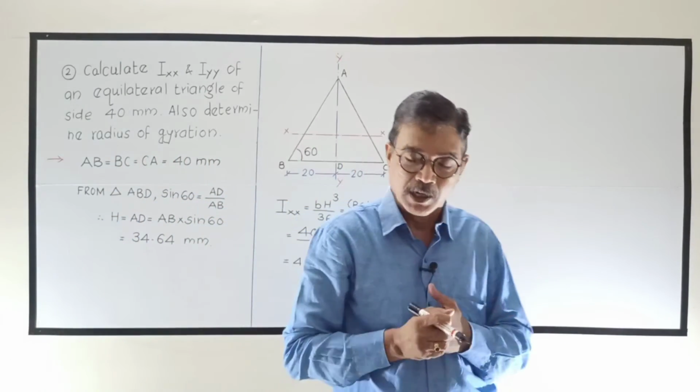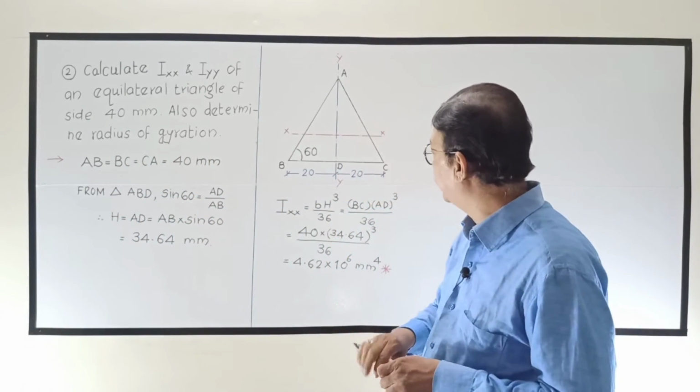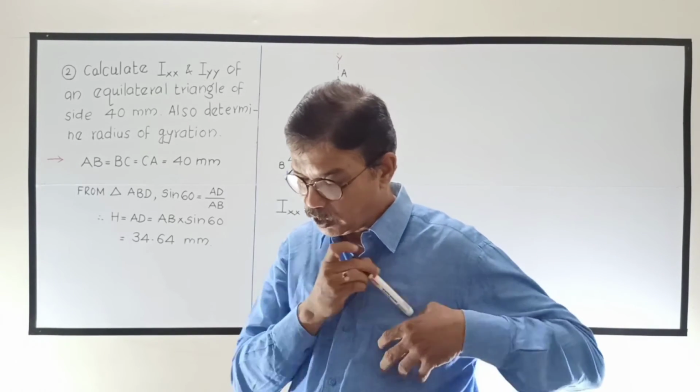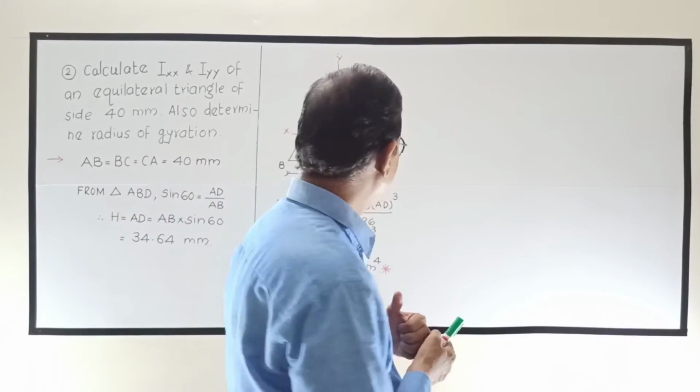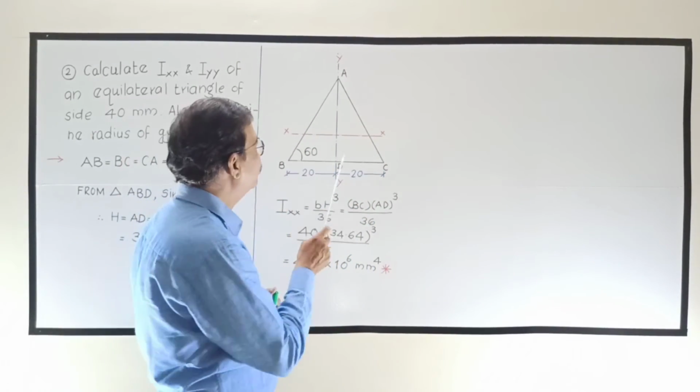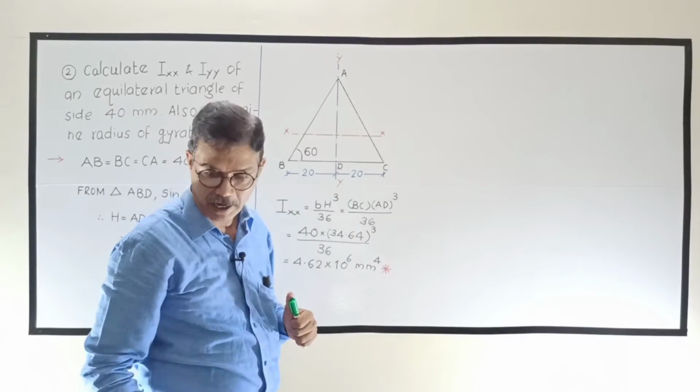Now, let us calculate Iyy. For Iyy, you have to understand one important thing. Look here. Just now I have told you this figure is symmetrical about YY.